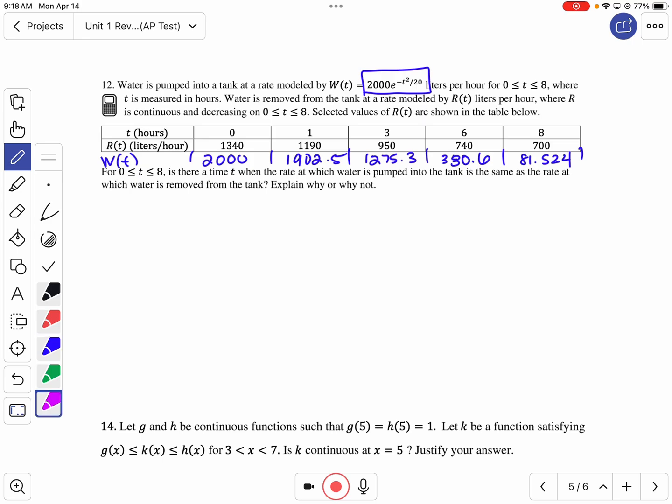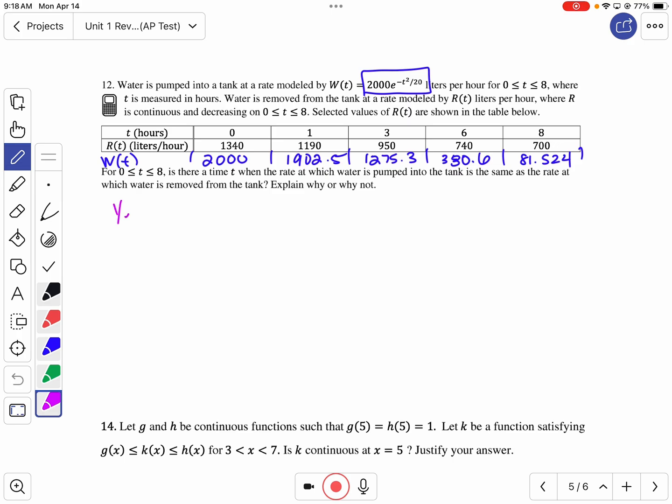So we're looking at the R and the W values, all right? Is there an interval where they would both be the same rate? Yes. Which interval? 3 to 6. Okay, 3 to 6. They would be the same. Now we could state that as, is there an interval?